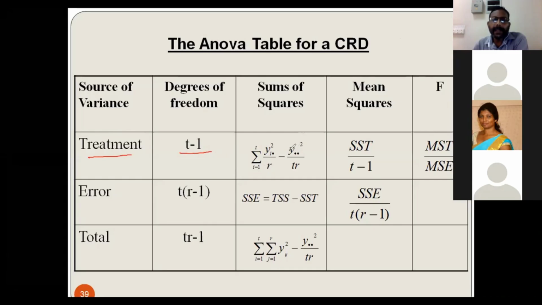We can put summation or we can put Y dot dot, doesn't matter. So this is a general summation, coming for everything. Look at this first component.